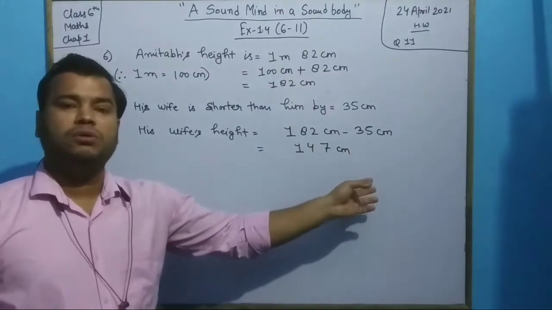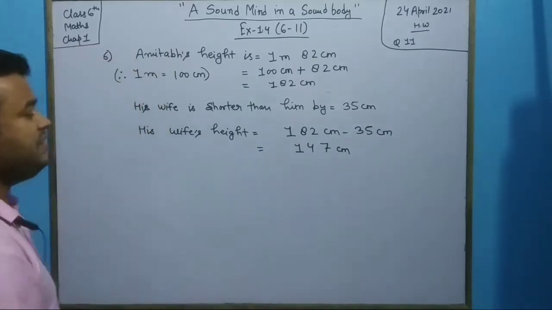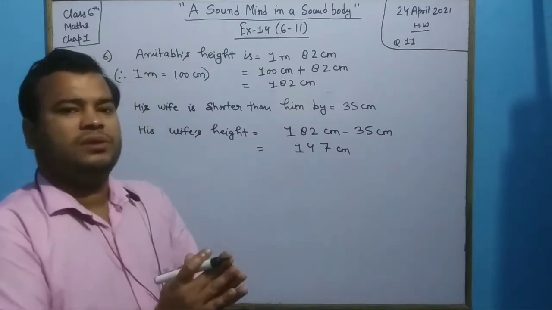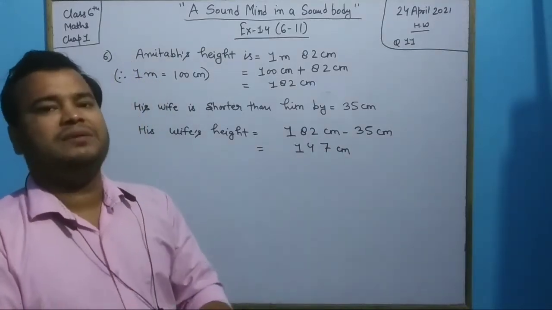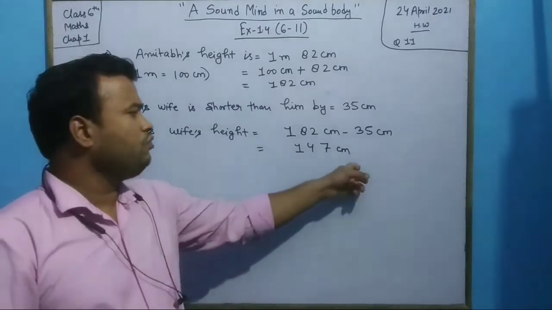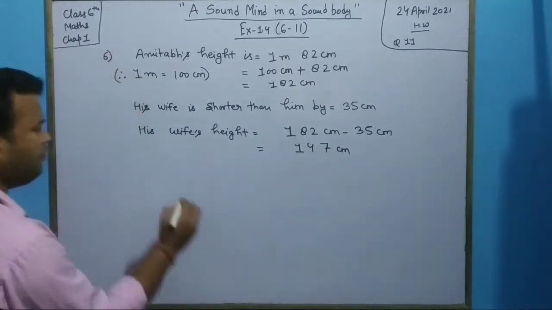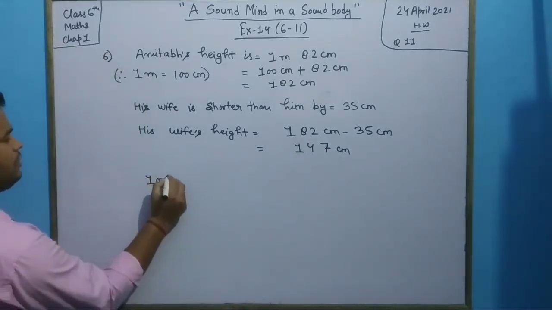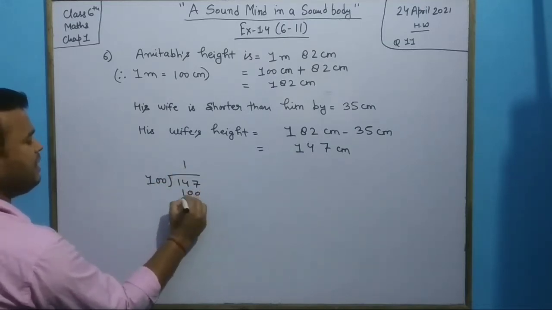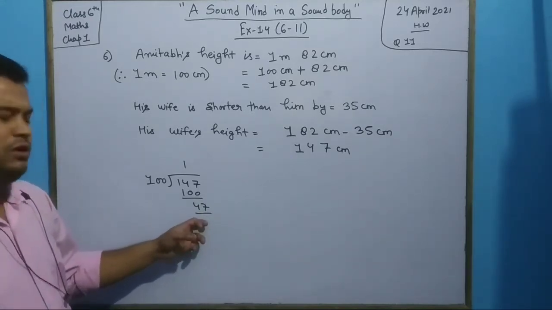If you want to know what this will be in meter also, you have to change it into meter. Because 1 centimeter is 1 upon 100 meter, or 1 meter is equal to 100 centimeter, to convert centimeter into meter we need to divide this by 100. So let us divide it by 100 over here. One time this will be 100, and the remainder is 47.